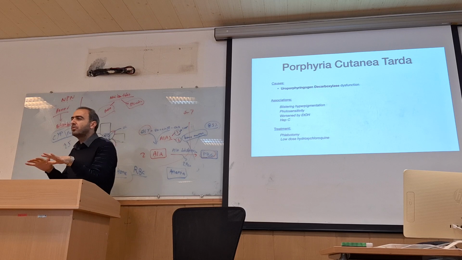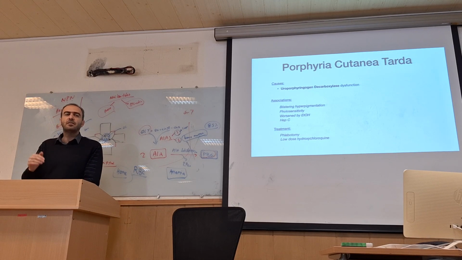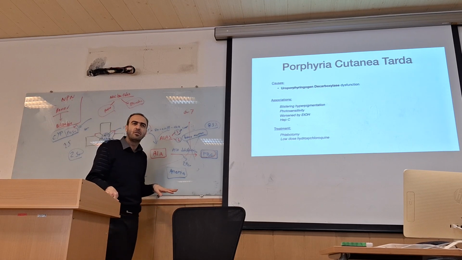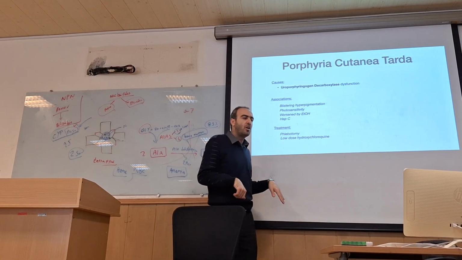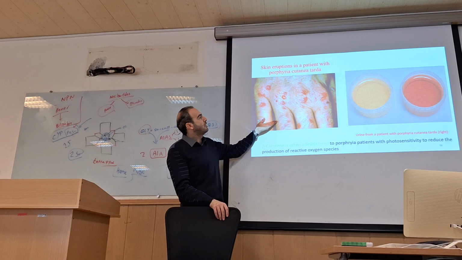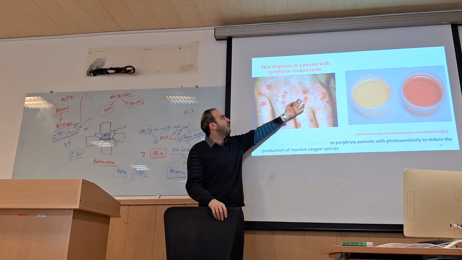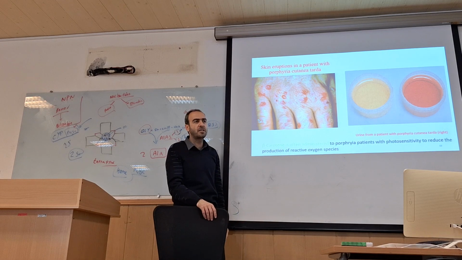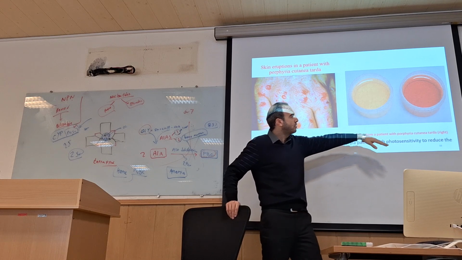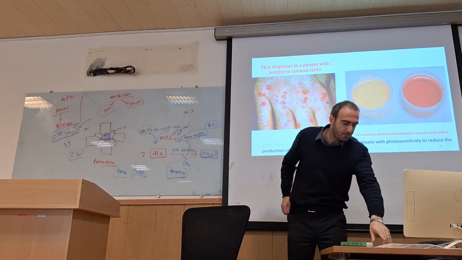They prefer to live in darkness because light leads to degradation of this molecule and creates a lot of pain. In a patient with porphyria cutanea tarda, you can see blistering and hyperpigmentation in the skin, and also the urine changes color to red somehow.